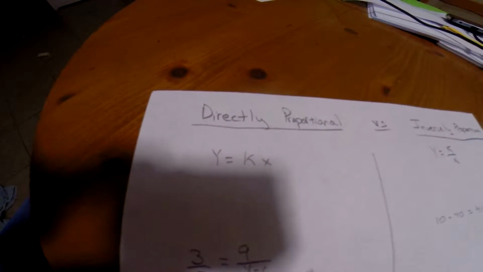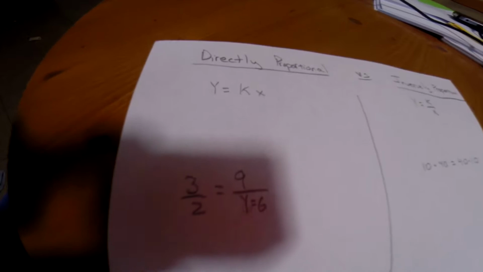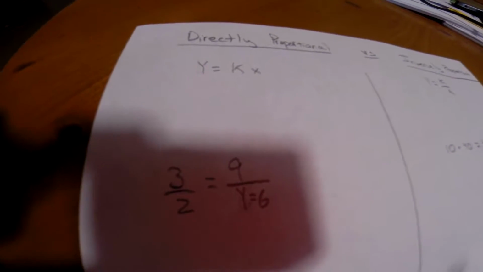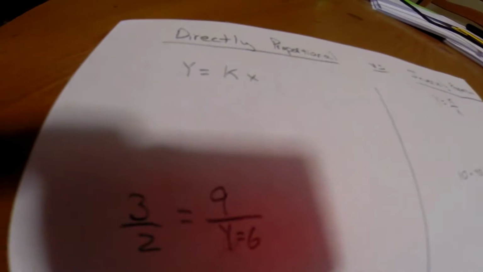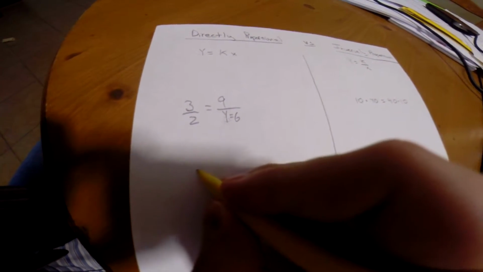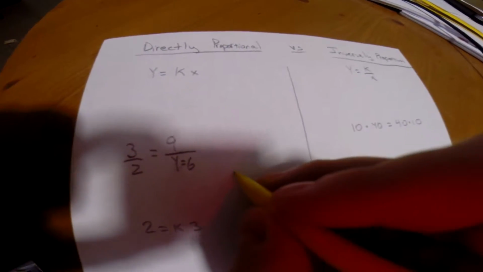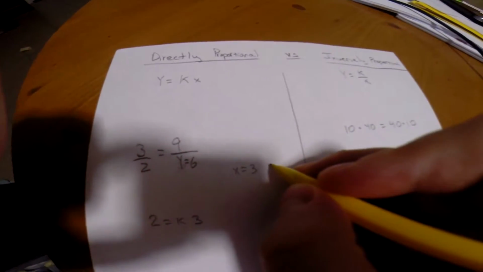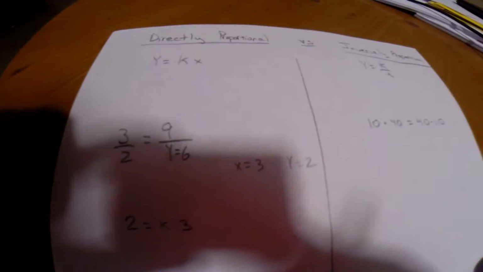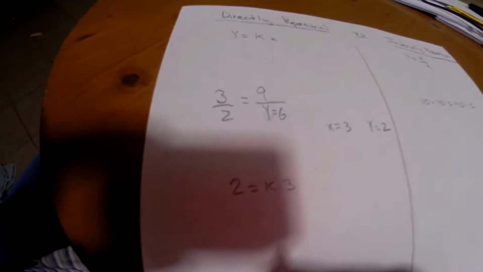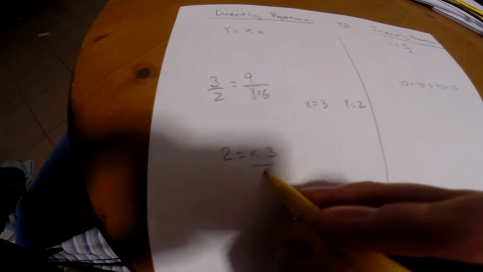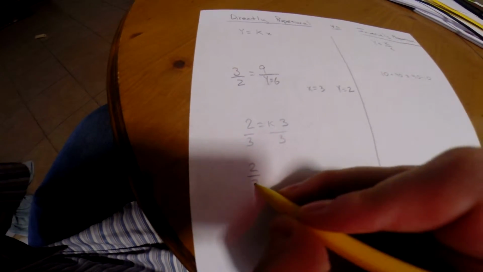All that this formula is saying is, given our x and y values, and if I recall correctly, x is 3, y is 2. So if I plug into the formula, it would be x is 3, y is 2. If we solve this, we end up getting k to be 2/3.